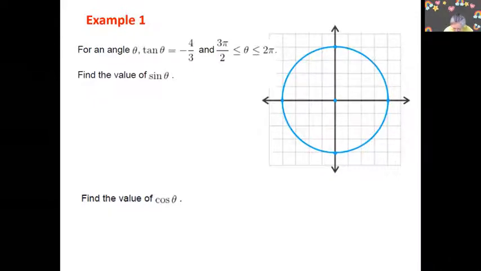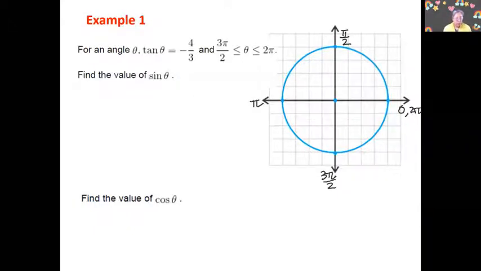Where do we start? Right here. This is 0. Then we go counterclockwise. Where is π/2? Right here. Then keep going counterclockwise, and now I see π. And where is 3π/2? 3π/2 is here, and it goes back to the same position, which is also 2π. Then where do we see the possible position of the angle theta?